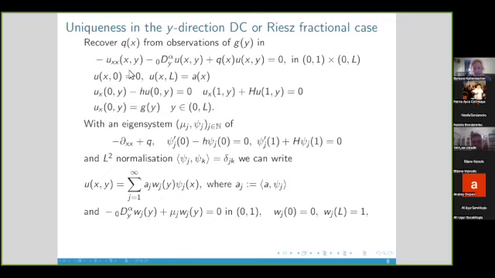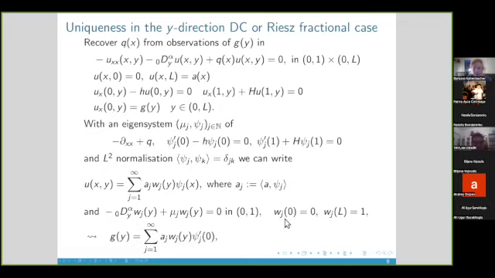And in place of this minus xx plus q part, the differential operator in x direction, since we have done the expansion in terms of the eigenfunctions, this is just replaced by the eigenvalues mu j. Okay, that's the ODE that has to be satisfied by the wj functions.